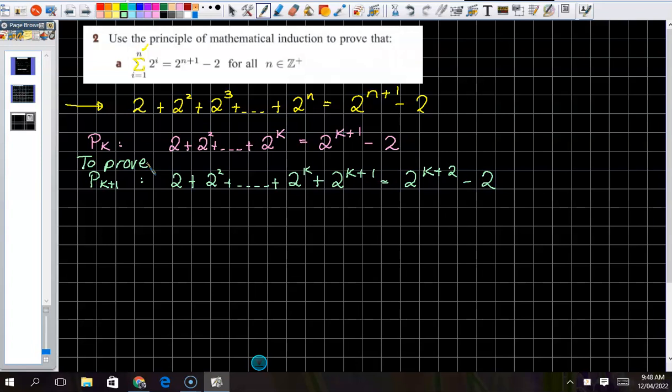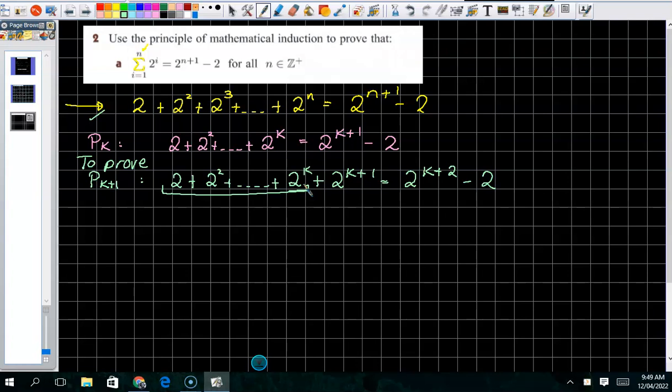So what we've done here, I'm assuming you did P1, it worked. If it didn't, hopefully someone's going to tell me right now and go, this one can't be proved. We assume PK and we want to prove PK plus 1. Remember, one of the tips is always include the k plus 1 term.